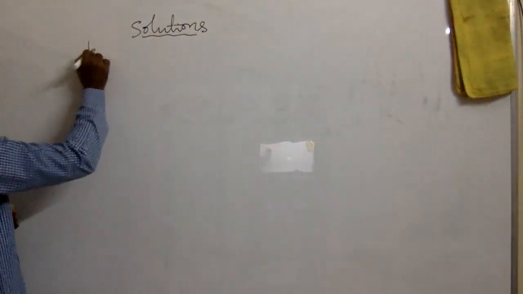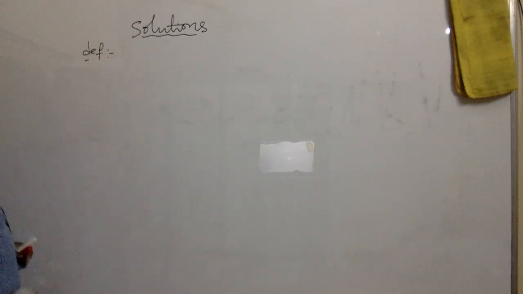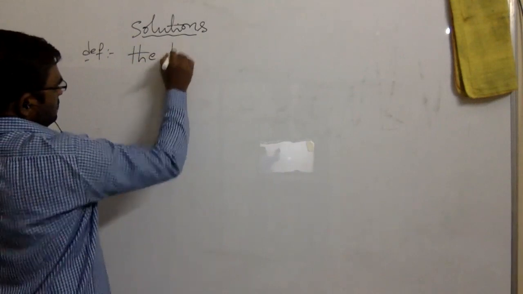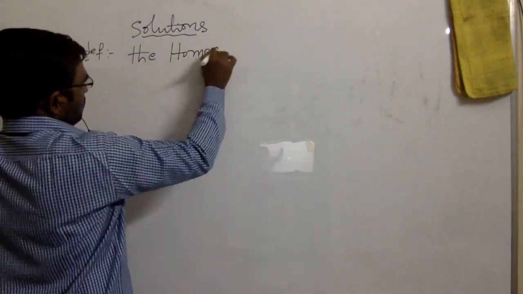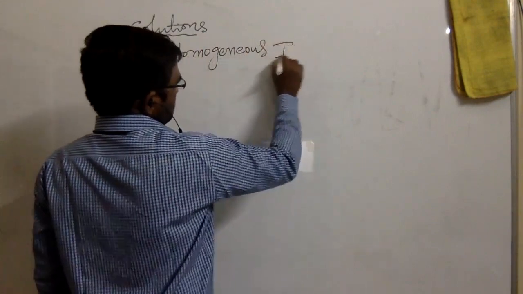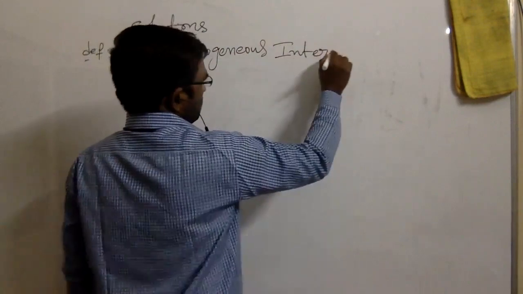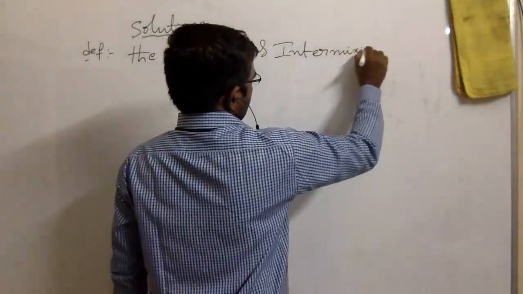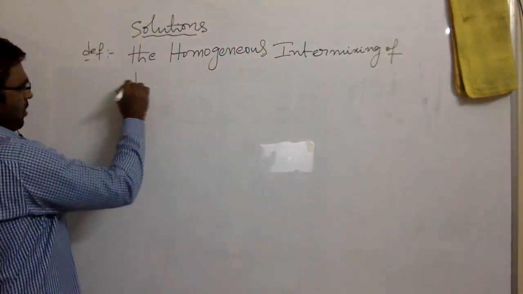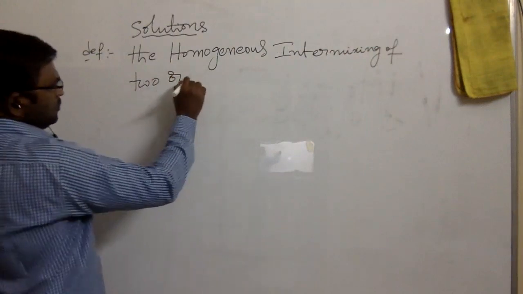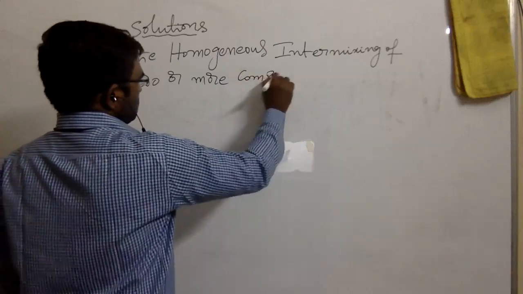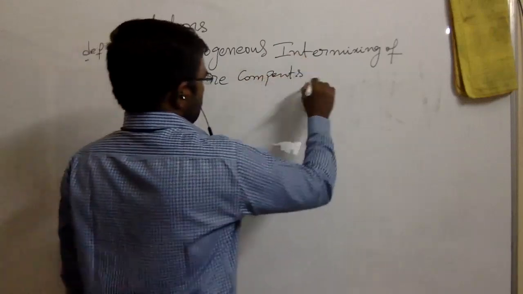First of all, the definition of solution. See, what is the exact definition of solution? The homogeneous intermixing of two or more components is known as solution.